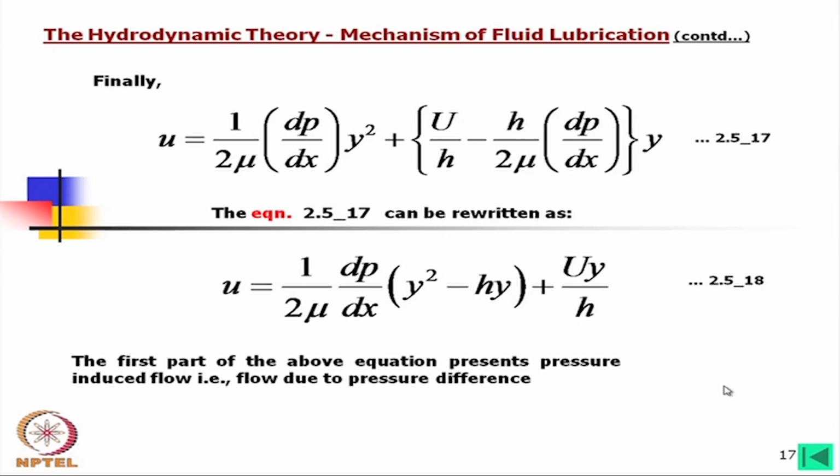Now look into this equation: the first part presents pressure induced flow. Clearly, this is a pressure induced flow, so it will exist only if there is a pressure difference, and the second part is the drag flow.